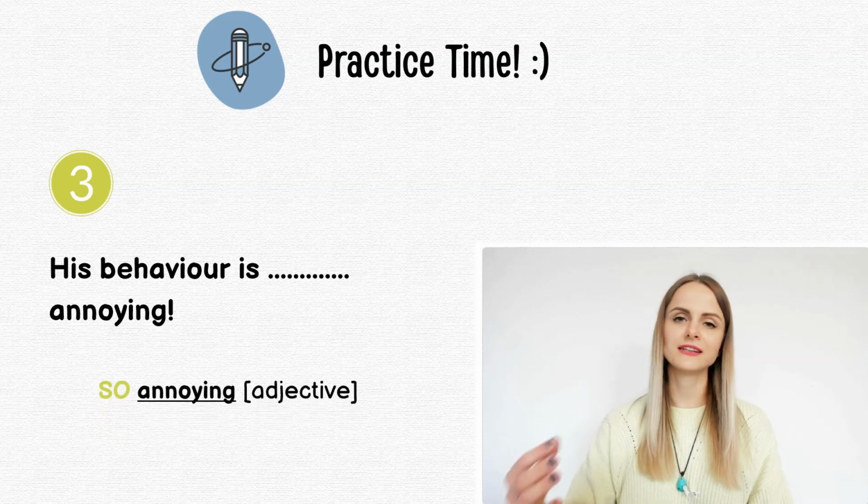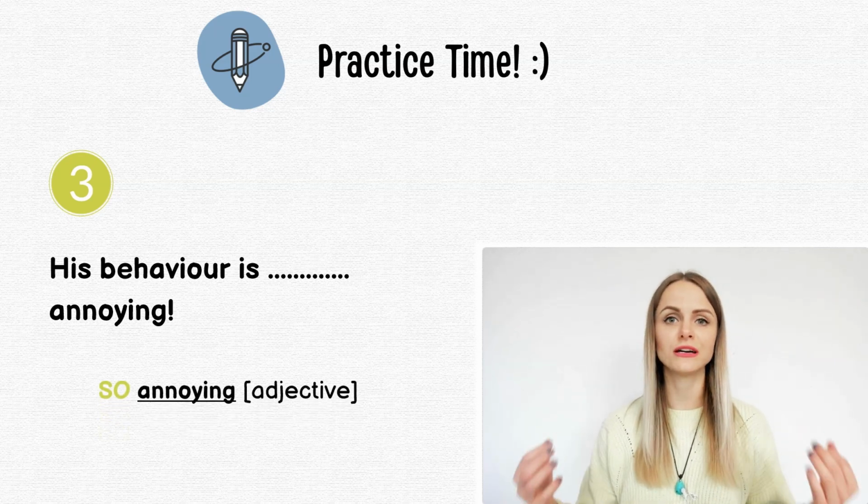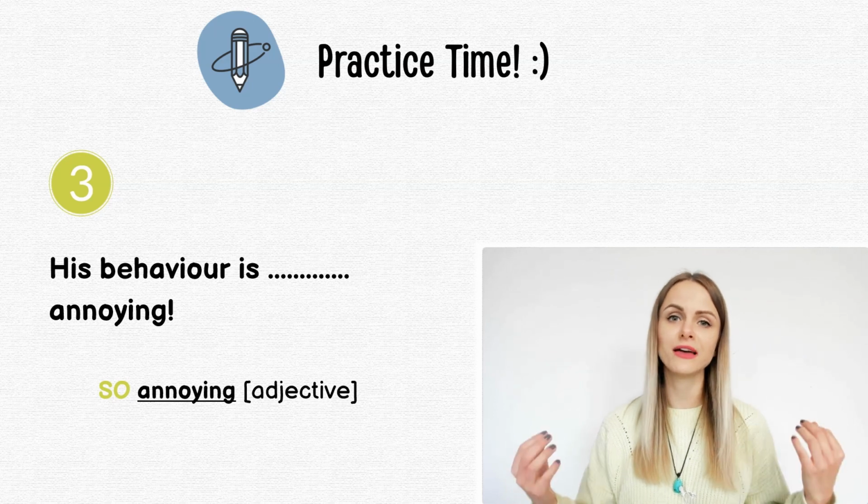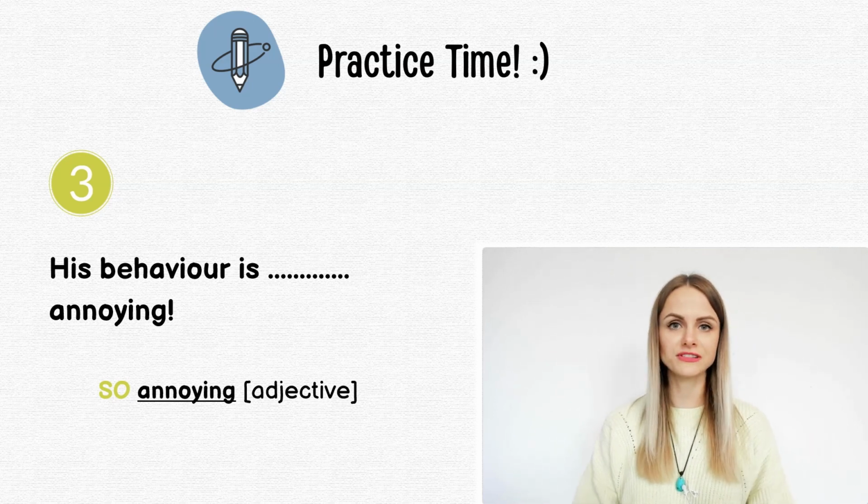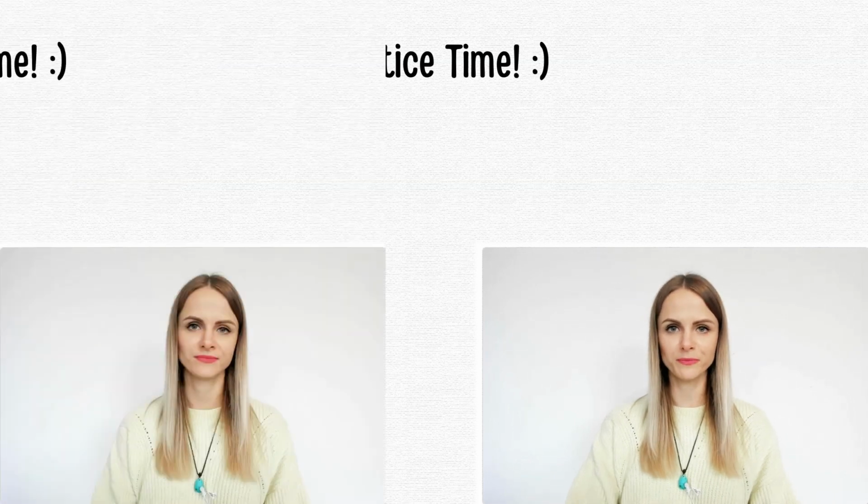His behavior is so annoying. It's so irritating. And obviously here we have an adjective, annoying, so we are left with no other choice as to simply use so. His behavior is so annoying. Number 4.